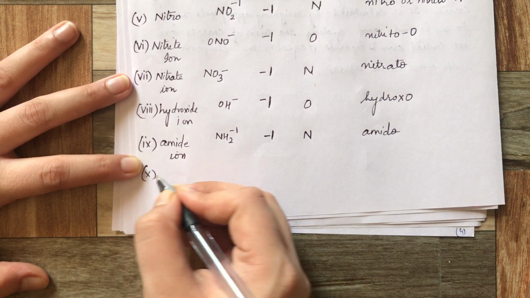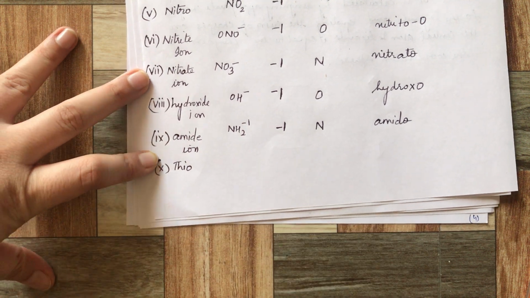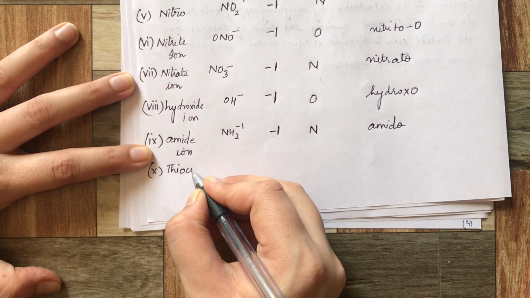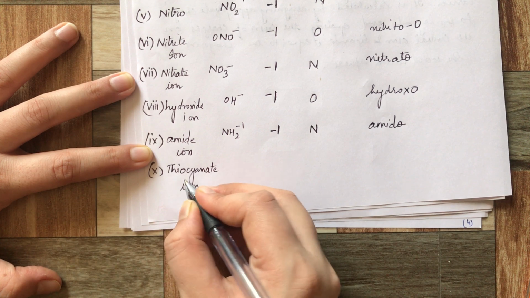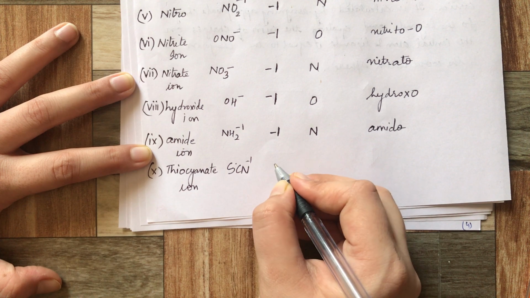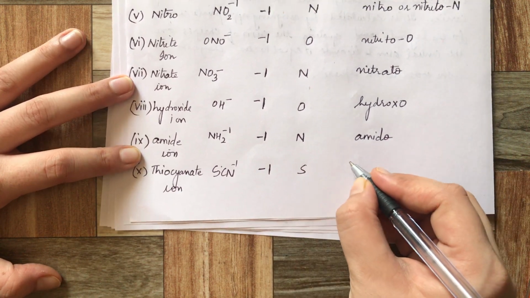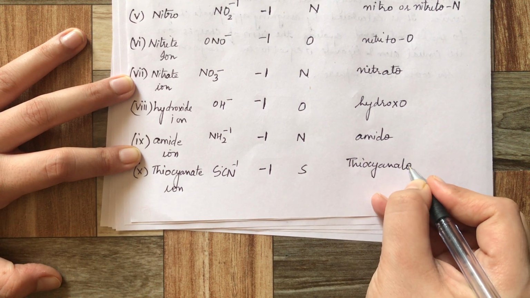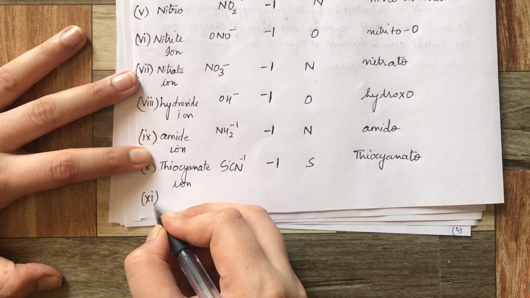Now we talk about the thiocyanato ion that we have already discussed in the ambidentate ligands. Thiocyanate ion is SCN minus 1, the oxidation number is minus 1, the donor atom is sulfur, it is known as thiocyanato, right? Similar to this was isothiocyanato.